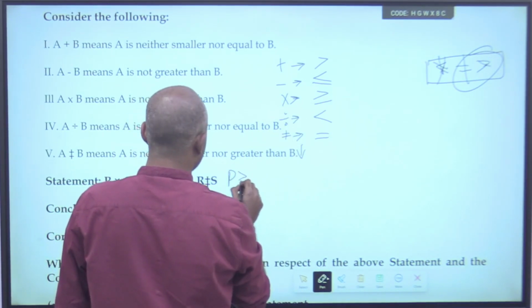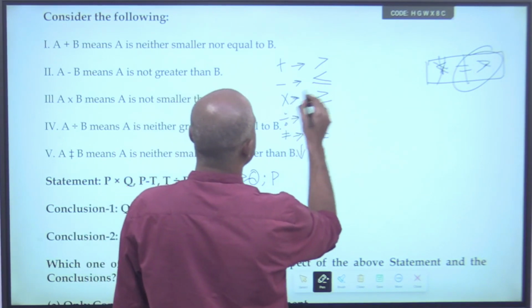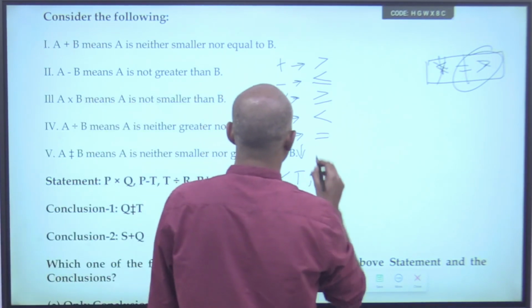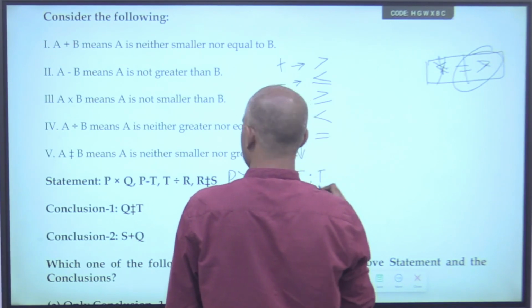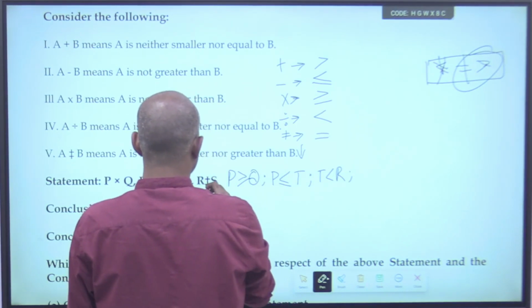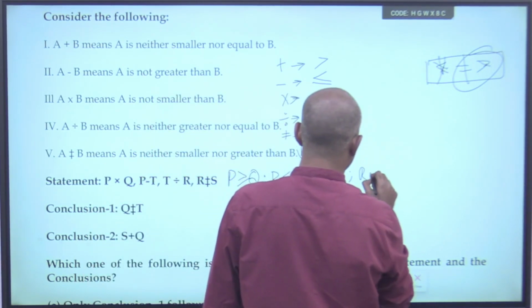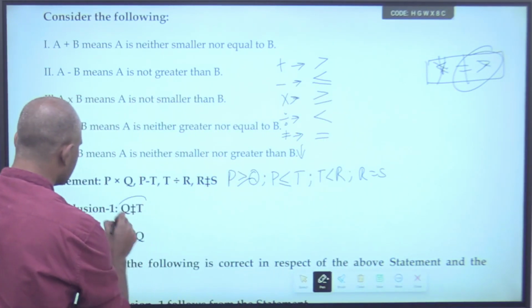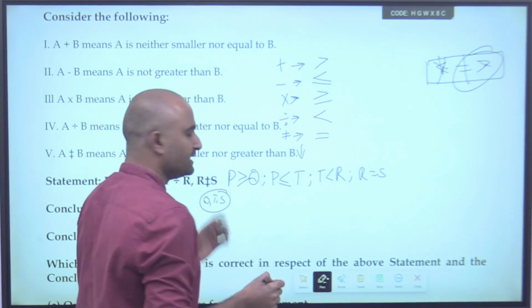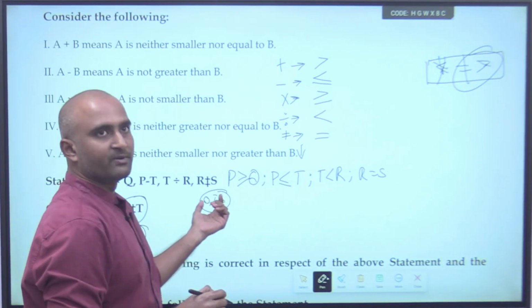P is greater than or equal to Q, and P minus T. Minus stands for lesser than or equal to, so P is lesser than or equal to T. Next, T divided by R. Divided stands for T is lesser than R. And next, R this sign means equals to, so R equals S. Now he has given the conclusions about Q and T, and Q and S. So for Q, T and S, we need to consider the relationship by arranging these logically.